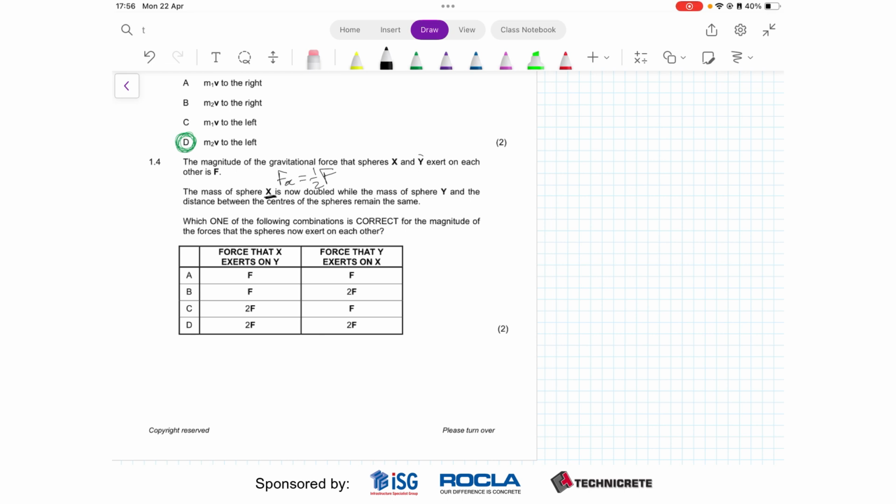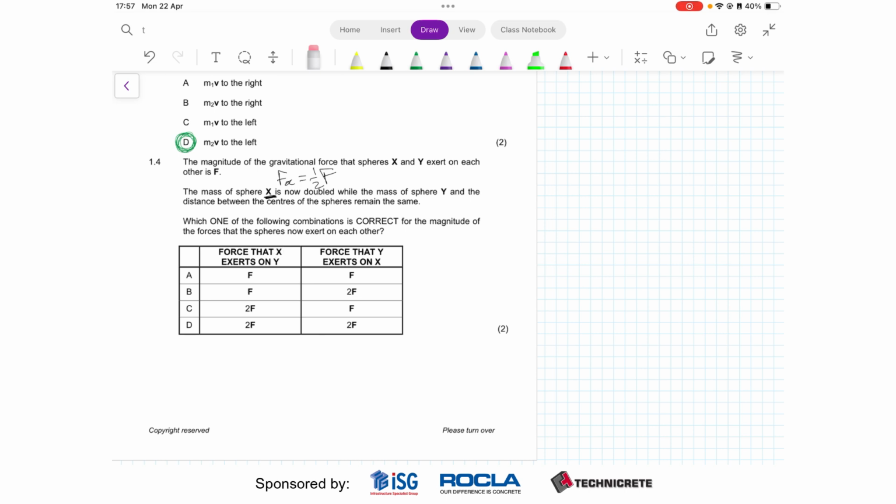Therefore, if the mass of X doubles, it means the force felt by X is halved.